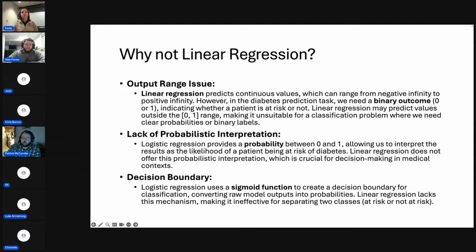Well, linear regression predicts continuous values. So they can range from negative infinity to positive infinity. If our linear regression model predicts a 4 for our 1, 2, 3 of apples, bananas, pears, what do we do with that? It doesn't really make sense. The concept that we're trying to apply doesn't make sense for linear regression.